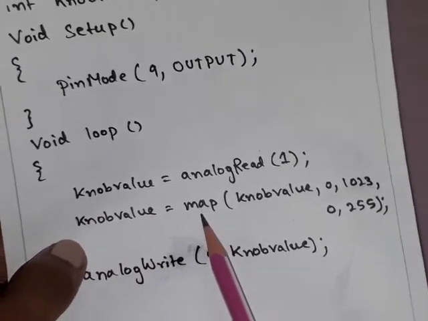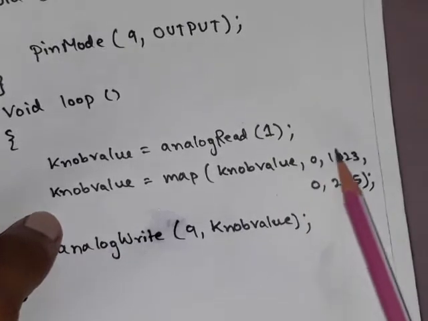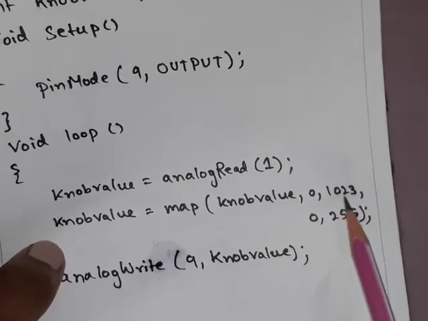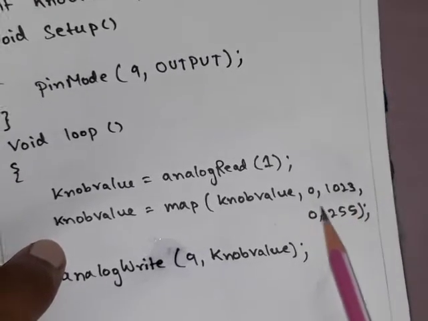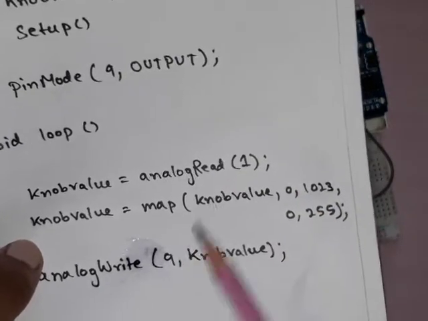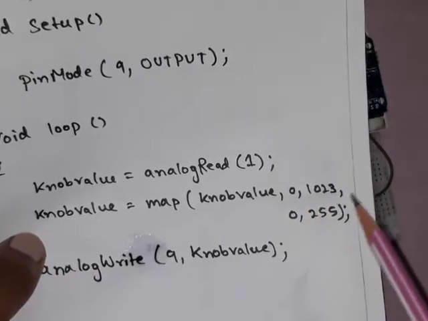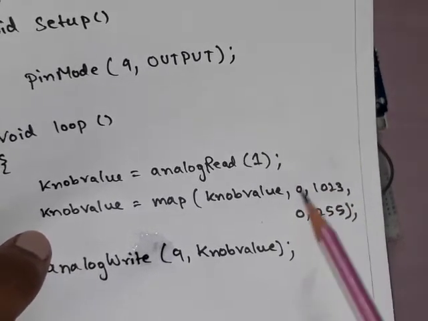Then I am mapping the knob value from 0 to 1023 to 0 to 255. As for the input, the analog to digital converter is 10-bit, so I have provided the range 0 to 1023.